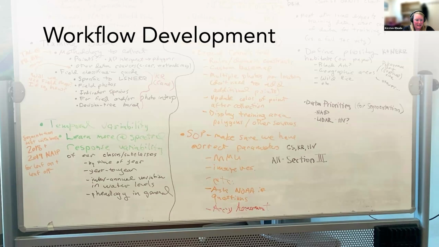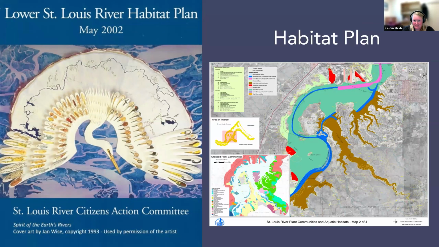So with that in mind, while we were working on this, at the same time, the St. Louis River Habitat Work Group, which is a collaborative group with over 40 organizations working in the St. Louis River Estuary on restoration, conservation, habitat work. Those organizations come from all levels of government, from local, state, federal, tribal, as well as universities and nonprofits.